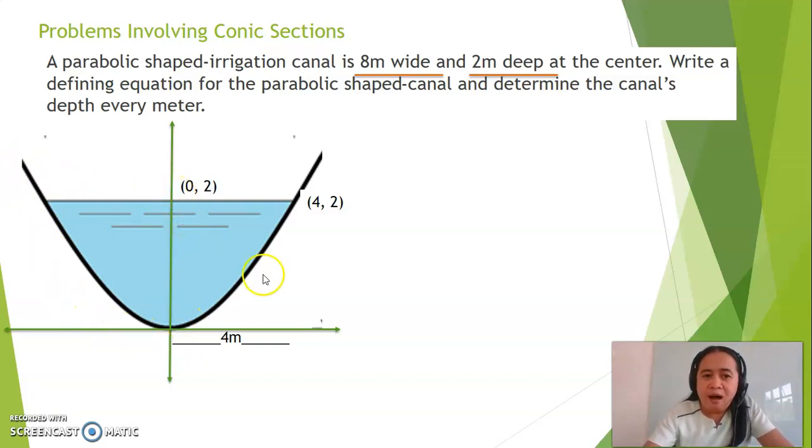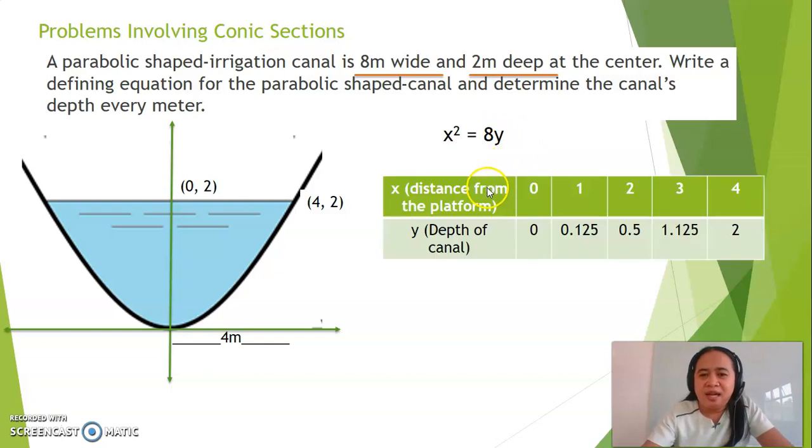It opens upward, and our p is 2, so that would be x squared equals 8y, because it's 4 times 2, so therefore it's 8y. So this is our defining equation. To get its depth every meter, let's have x from 0 to 4.